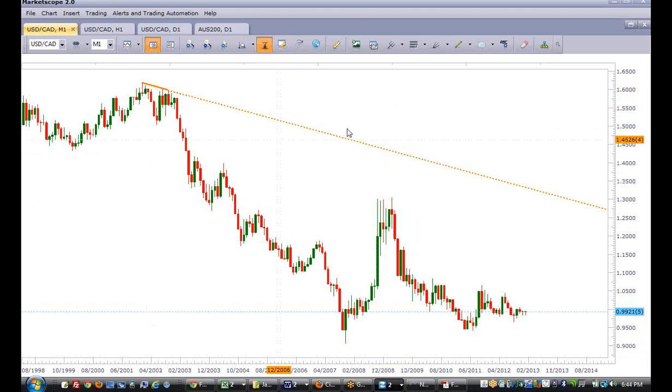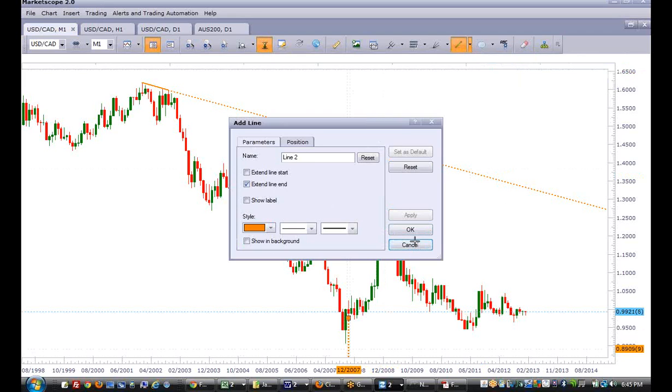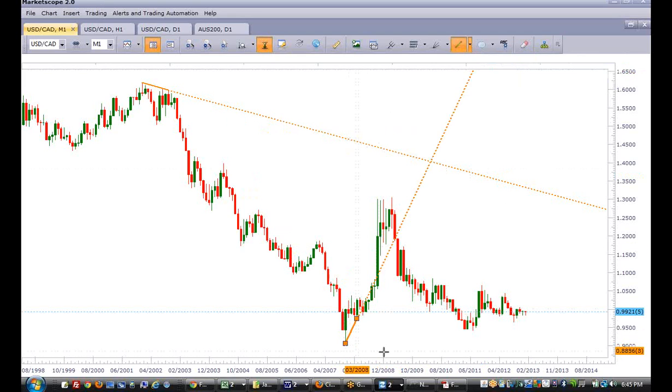However, it's also on a short-term uptrend. So from here, this will be our low. Okay, so that will be our primary uptrend line. And also, as you can see, the lows are higher here as well. But overall, it's on the downtrend.